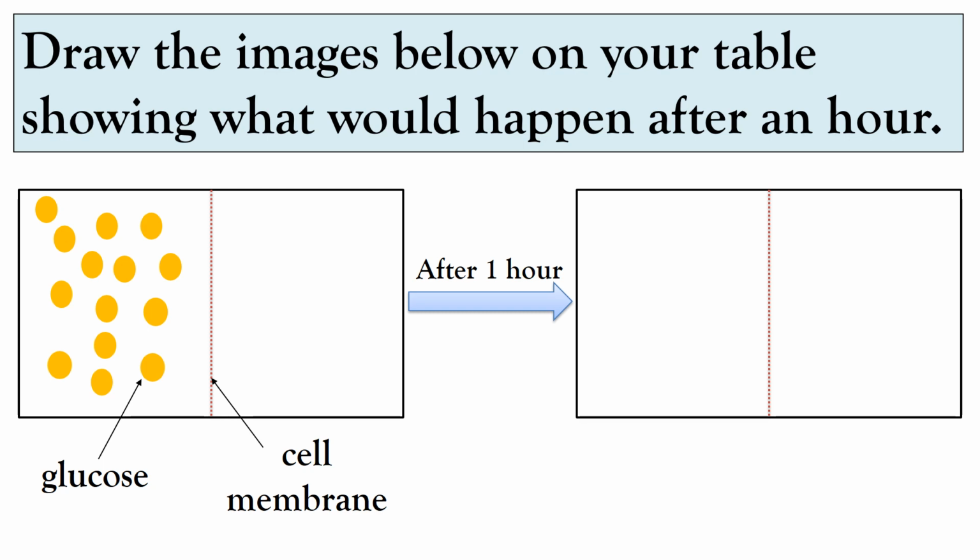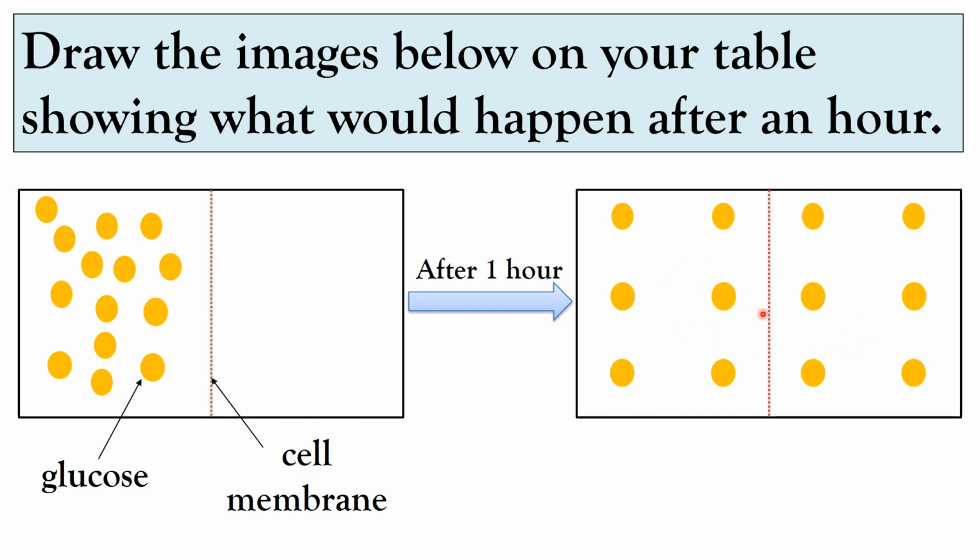Right, so we've got glucose on the left-hand side, we've got our cell membrane, and actually quite a good idea here is to count the number of glucose molecules. We've got 1, 2, 3, 4, 5, 6, 7, 8, 9, 10, 11, 12, 13, 14. Okay, so after 1 hour, what you should have is basically 7 on the left-hand side, 7 on the right-hand side, evenly spread out.